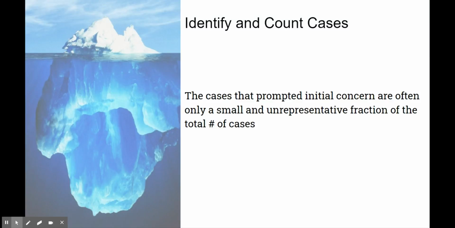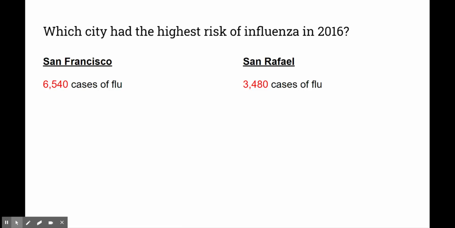I'm quite confident that we will never know the total number of cases of COVID-19. It's just not feasible to count every single case. So we try to see as much of the iceberg as we can, but we know that it's an imperfect system.